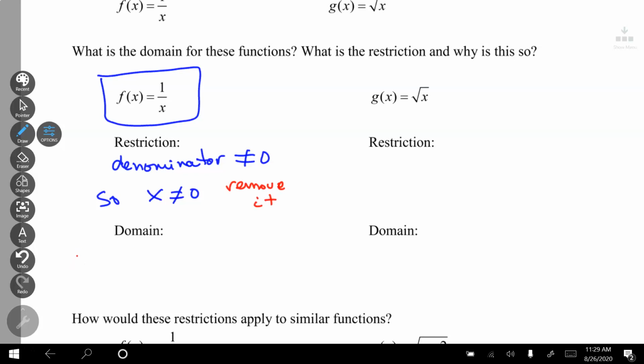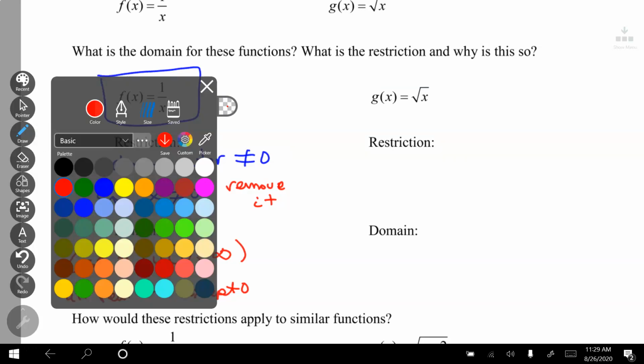So my domain would be all real numbers, except I'm going to skip over 0. All real numbers except 0. Okay? Negative infinity to 0, parentheses, 0 to infinity.